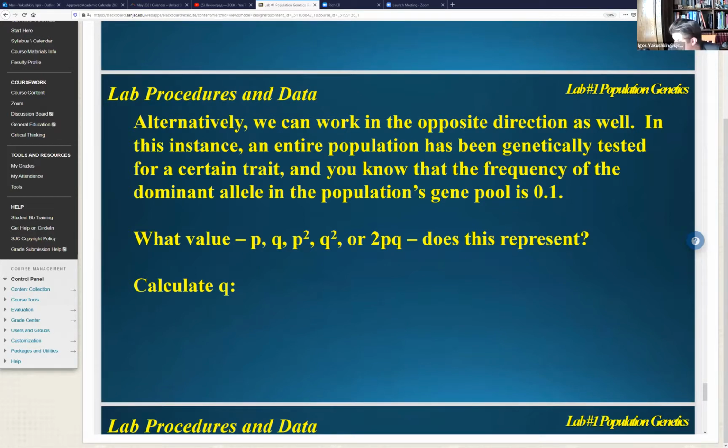Oh, 81, not 91. Is it indeed equal to 1? Let's see, 0.01 plus 0.18 will give me 0.19, and 0.19 plus 0.81 indeed equals 1. So I double checked and my math is correct.